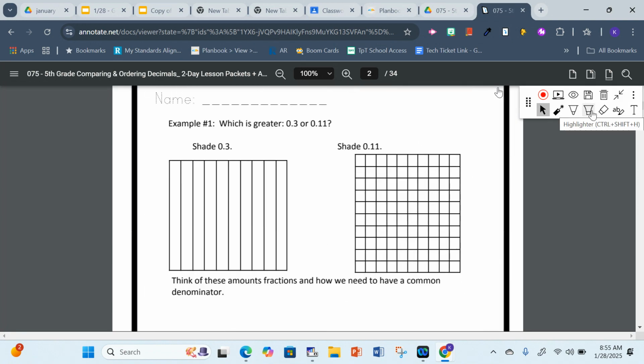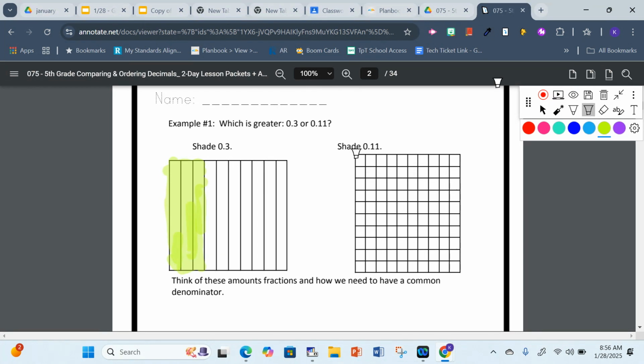All right, so let's shade 3/10 on here. It's kind of messy, but 3/10 here. Okay? Everybody see that?